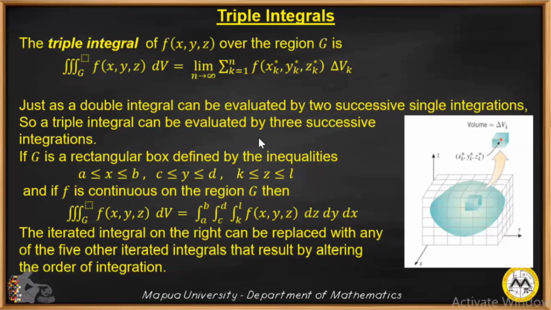But if the region G is non-rectangular, then it is limited depending on the given function, the boundaries of the solid. So just as a double integral can be evaluated by two successive single integrations, a triple integral can be evaluated by three successive integrations.